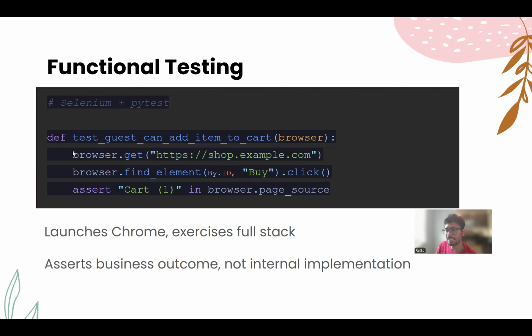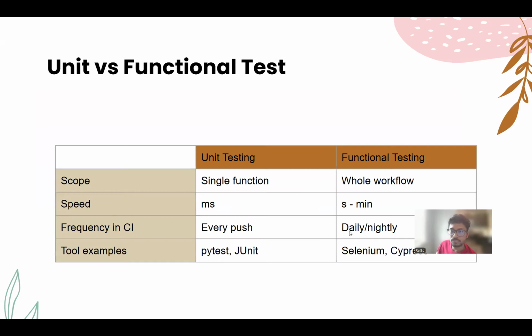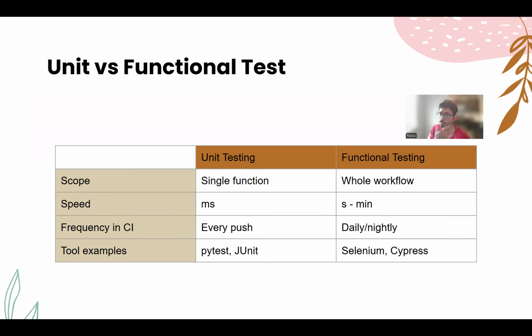The difference between this and the previous one is just using the browser to check the entire functionality, not just the individual API. Some small differences: unit testing is a single function, functional testing is the whole workflow. Speed is in milliseconds for unit testing. Functional testing is usually in minutes.